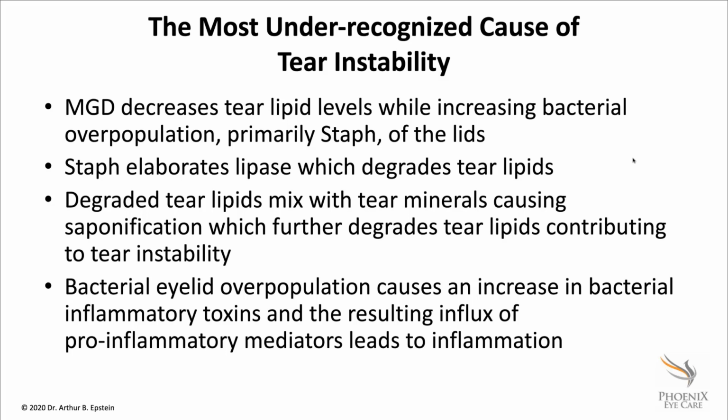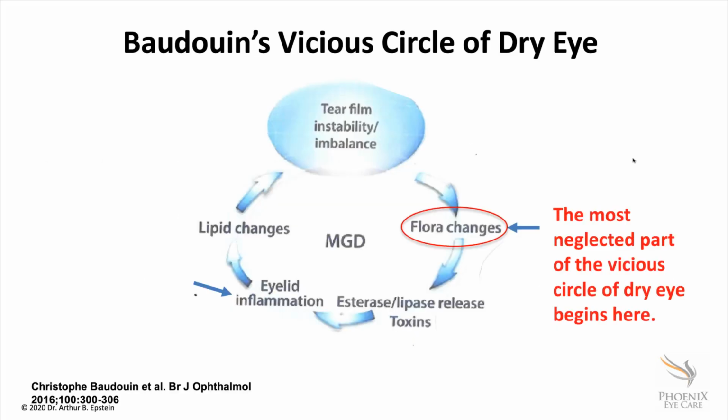Lipase is particularly nasty because not only does it break through skin and cause big ulcers and things of that sort and actually eat your entire arm when you have necrotizing fasciitis, but lipase also breaks down lipid in the tear film, which is the stabilizing outer layer of the tear film, mixes with salt, makes soap, causes burning and irritation, and also further digests that lipid layer, creating further tear instability.